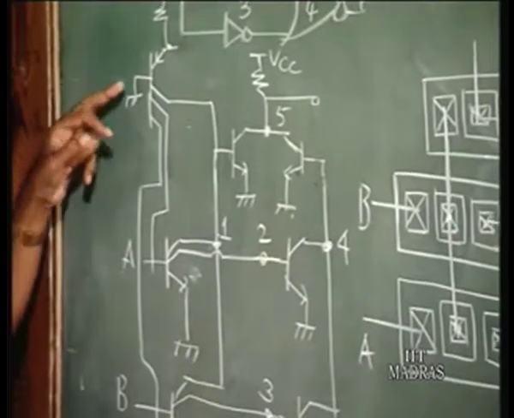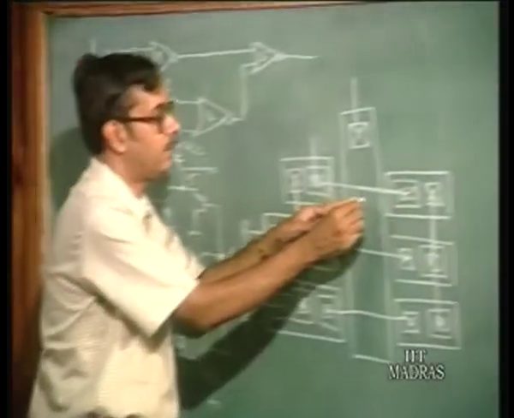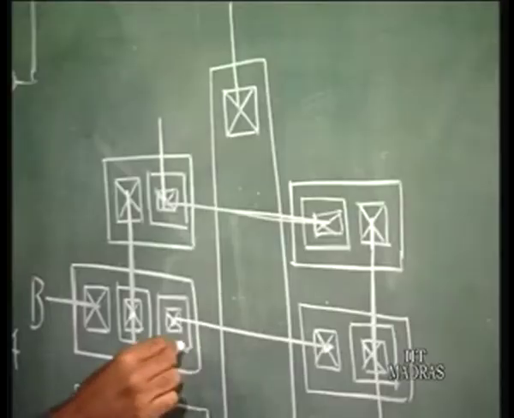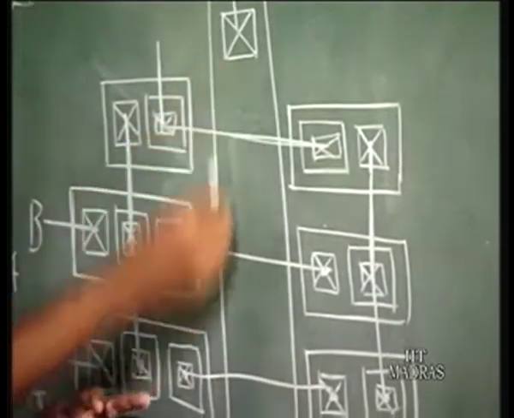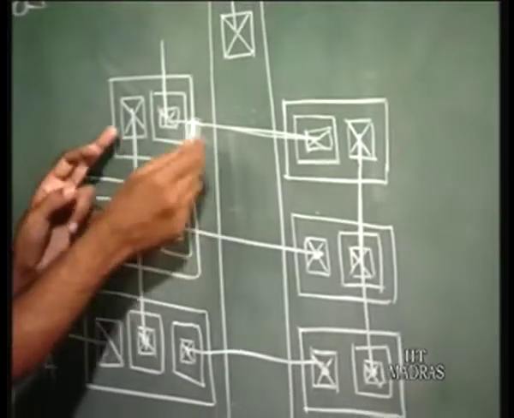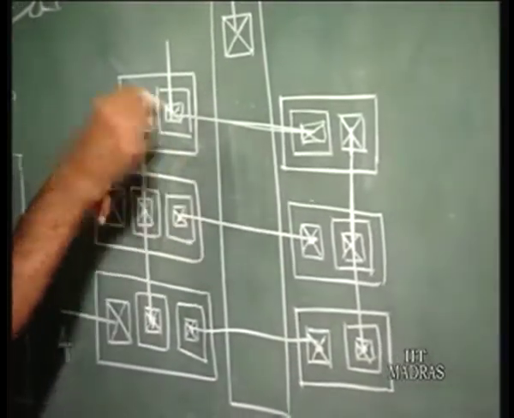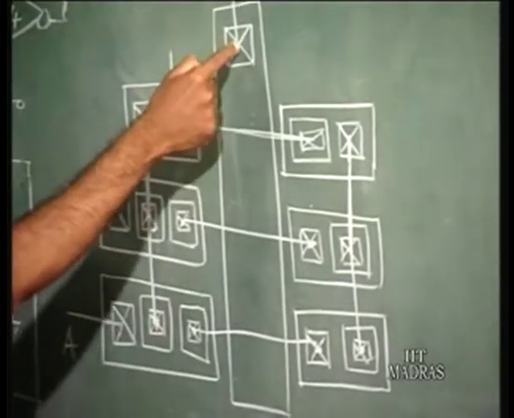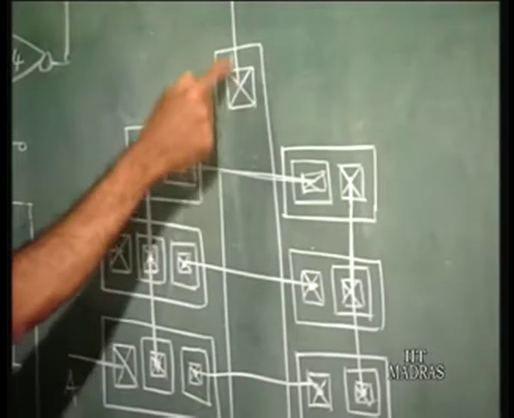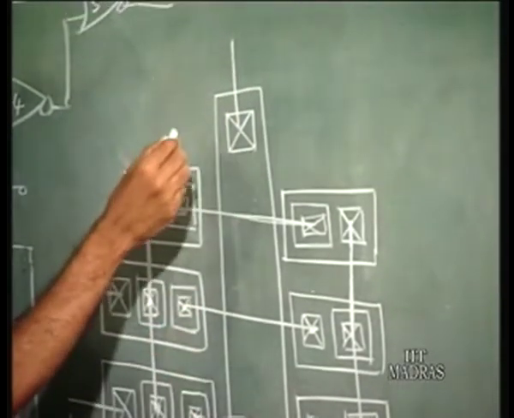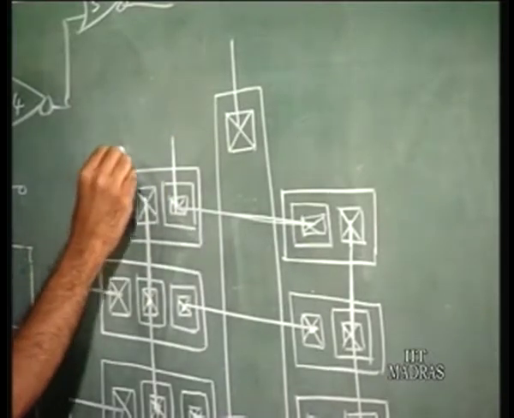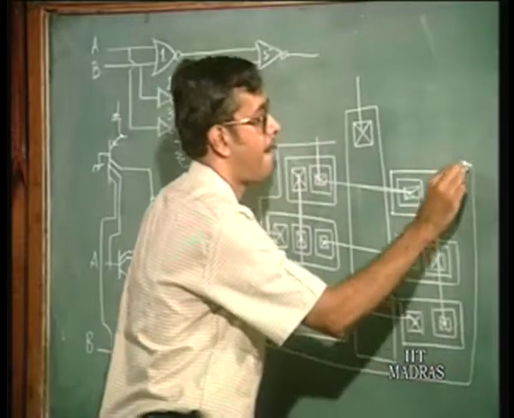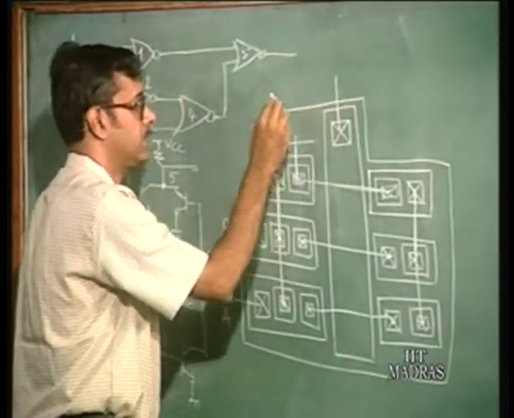So this is a common PNP, one emitter. So basically you see you have a PNP, and the cell consists of a PNP and an NPN. The NPN is of course going down, so this is the PNP. This is the common injector point. So you require a connection here, and of course finally you also require the guard ring which will go round, maybe it goes round like this.